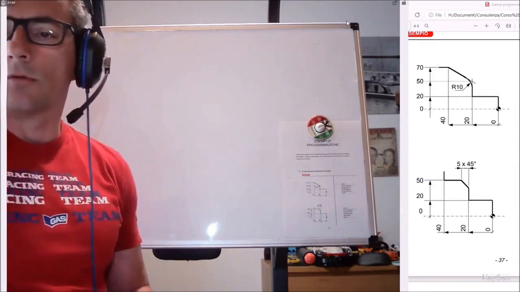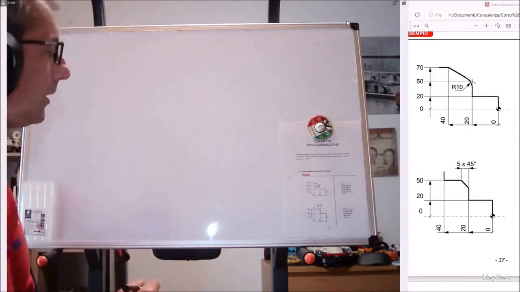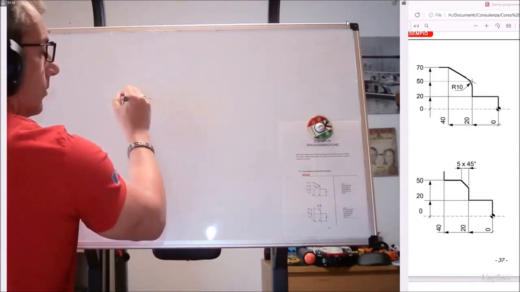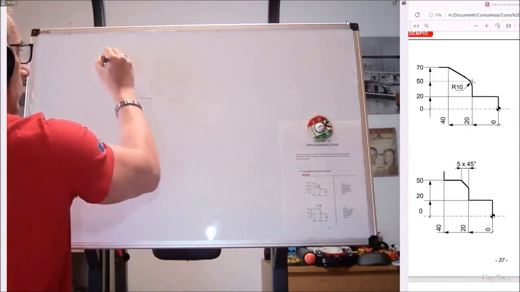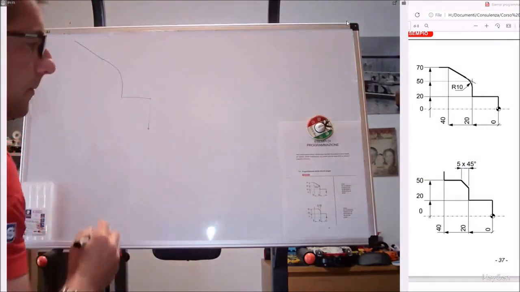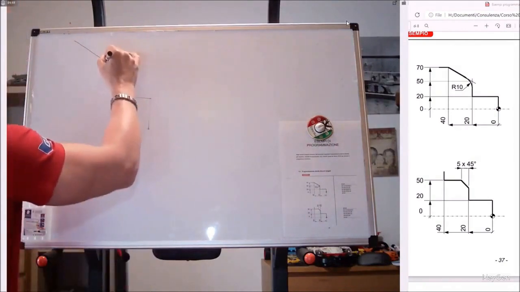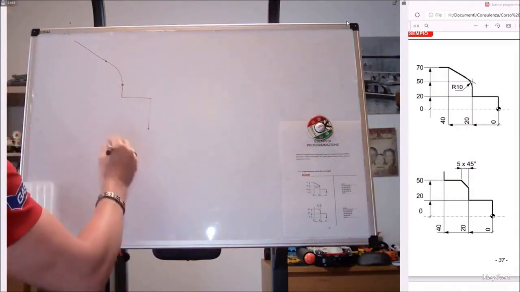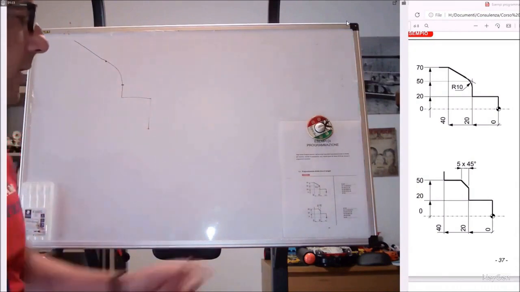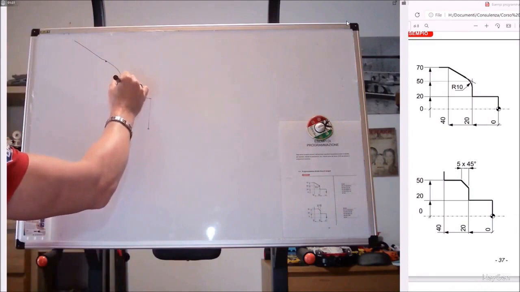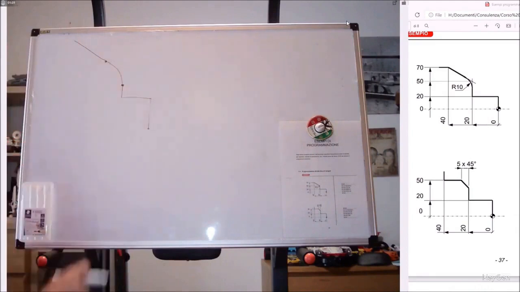Let's look at the first one, which you have a bit larger on your screen. We have a radius, but we do not know the starting point, and we do not know the end point. The only thing we know is that it is a junction, meaning it is perfectly tangent at this point.